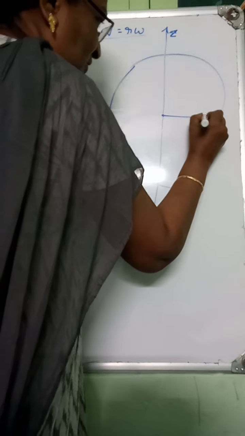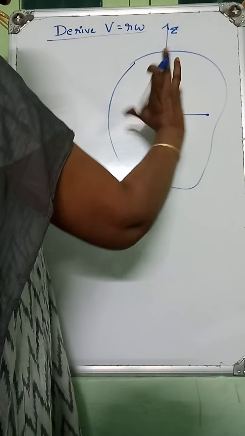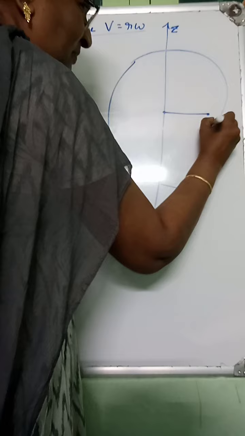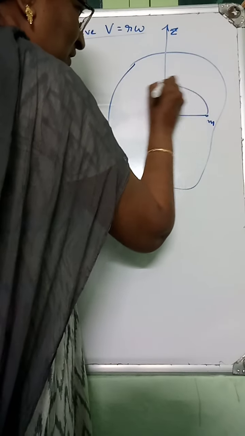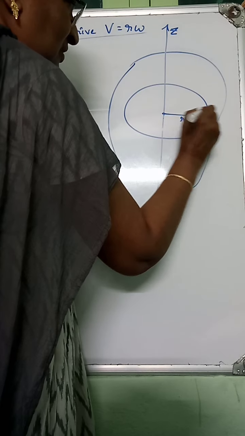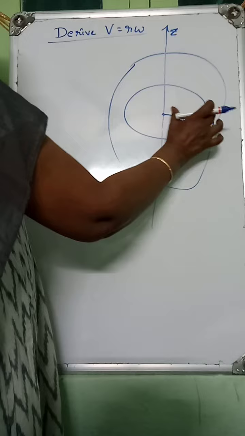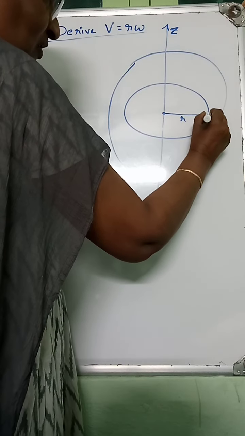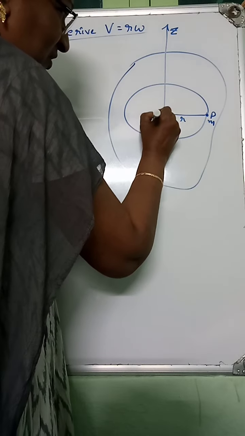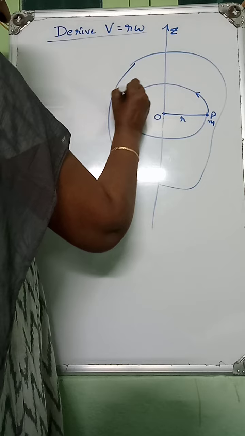If this object completes one rotation, this particle of mass m also completes one revolution along the circumference of a circle of radius r. P is the initial position of this particle. What is the mass of this particle? m. P is the position, O is the center. It is rotating like this.